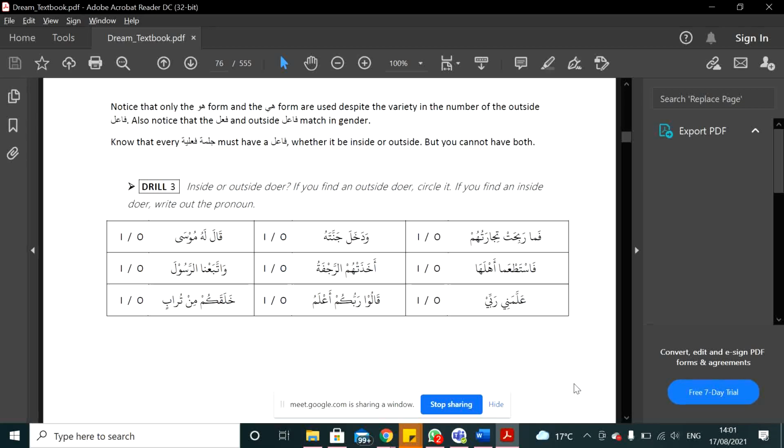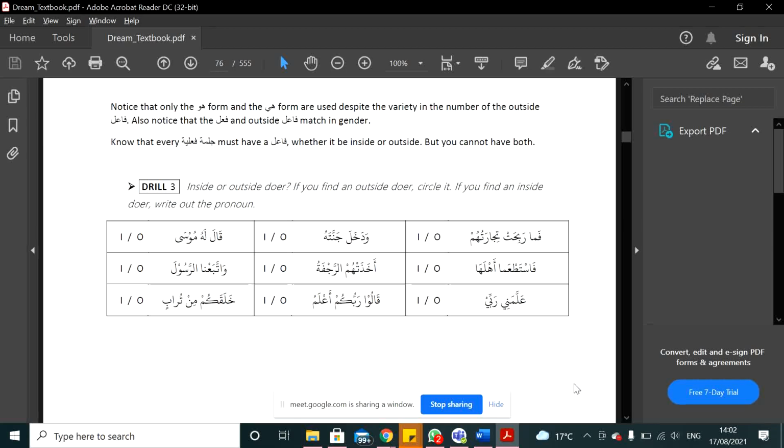No. So it is not in huwa or hiya format, it is a fail. If the fail is in hiya or huwa format, then we look for the outside doer. Since the fail is not in hiya and huwa format, we are not looking for the outside doer anyway.